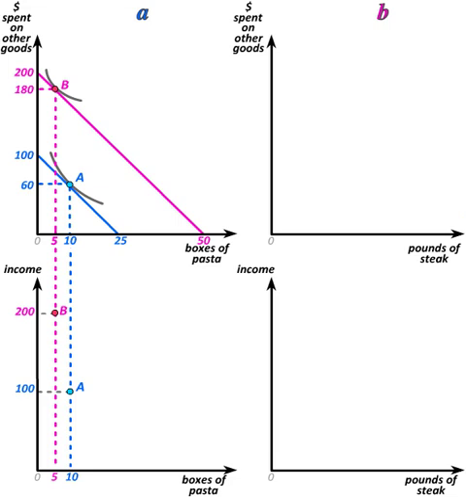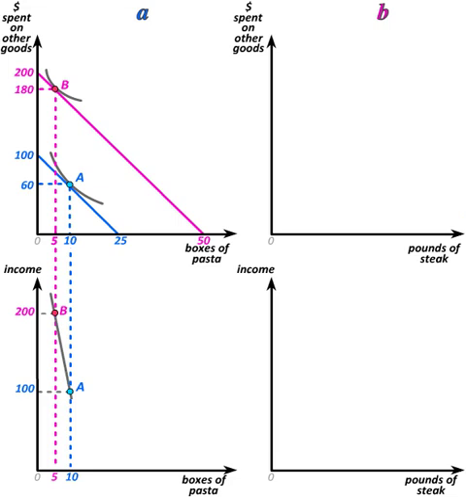Notice that since we haven't changed what's on the horizontal axis as we go from the top to the bottom panel, the bundles will occur at the same horizontal distance from the origin in both panels. On the vertical axis, however, we're measuring something different in the top panel than in the bottom panel. In the top panel, we show dollars worth of other consumption, whereas in the bottom panel we show the income level.